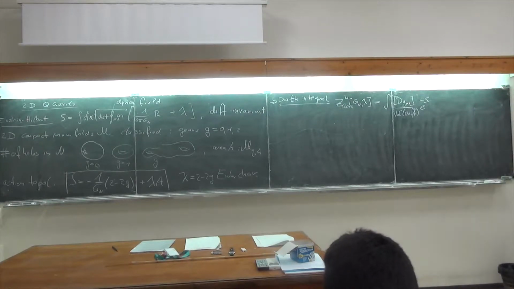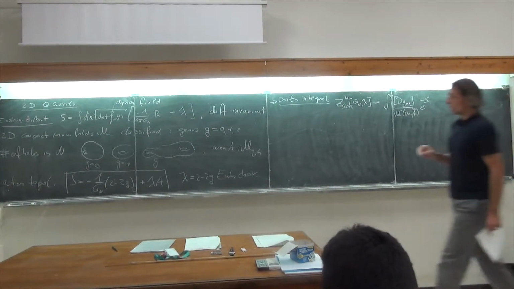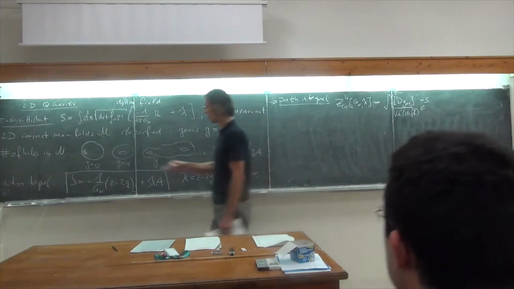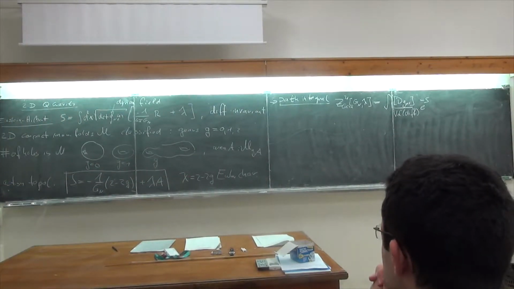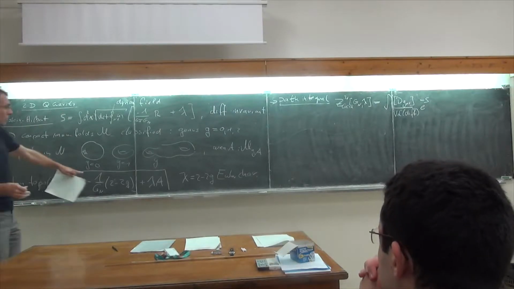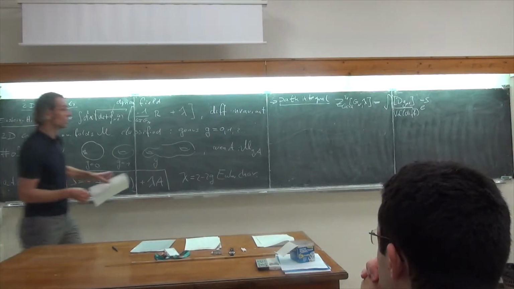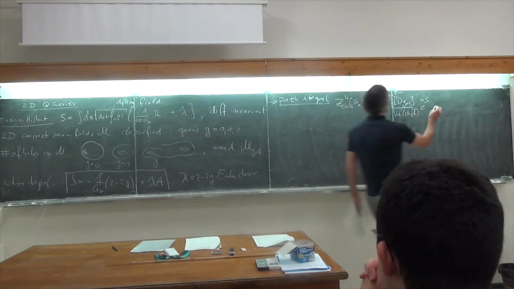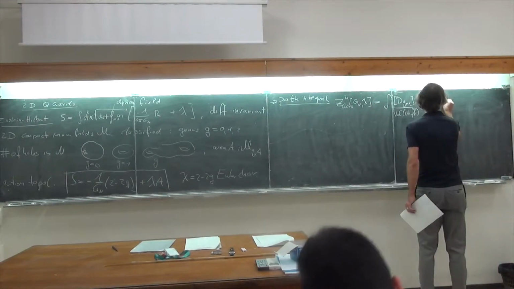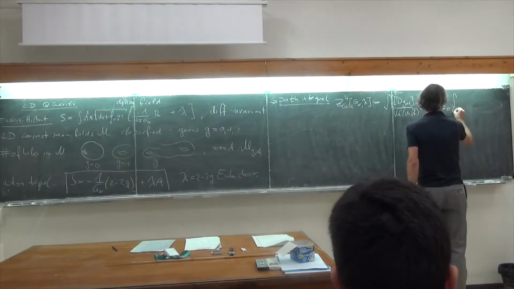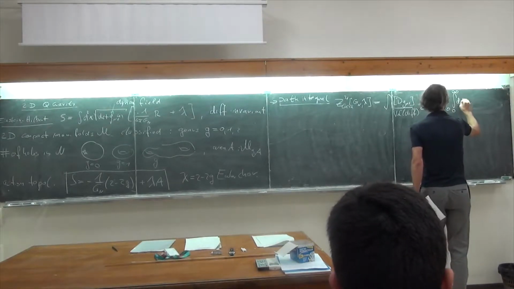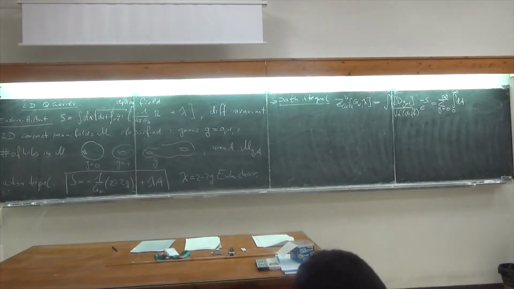Okay, now I said that, because this is, if you like, a sum over all possible manifolds, we can now write this as a sum over genus and an integral over the area. So all areas are allowed, all genus are allowed.